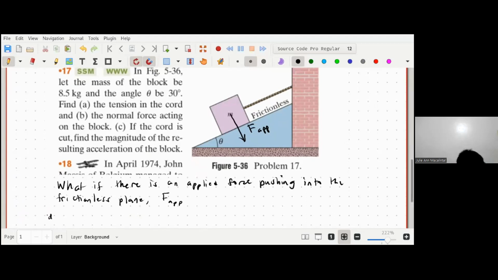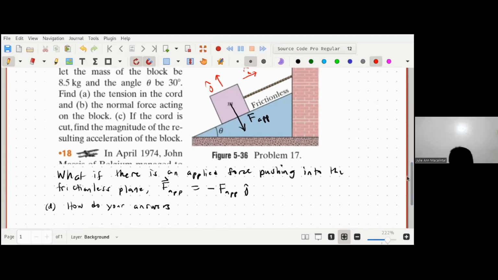So yung sa letter D, sulat na natin yung F applied. F applied is equal to yung magnitude ng F applied times J hat. So ito yung J hat, ito yung I hat, para kita natin.